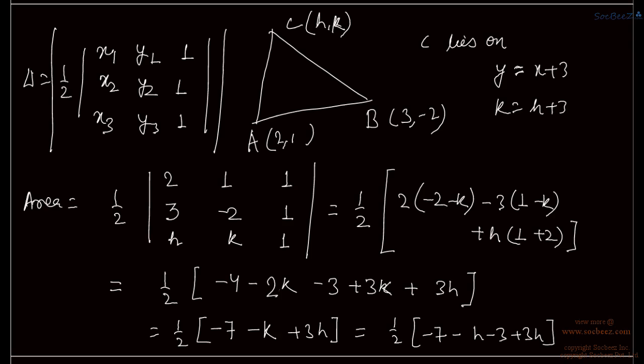So we have this as plus 3k minus 2k plus k, minus 4 minus 3 is minus 7, 3k minus 2k plus k, and 3h here. So we have k as plus h plus 3. So we have 3h plus h, 4h, and minus 4, 4h minus 4 upon 2, right?